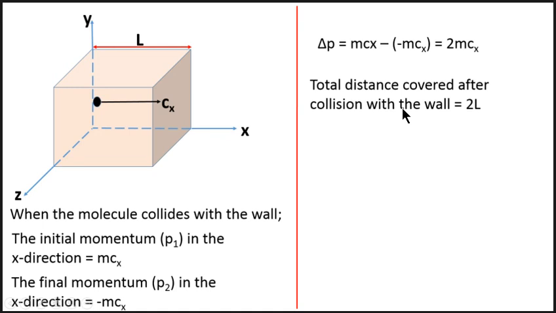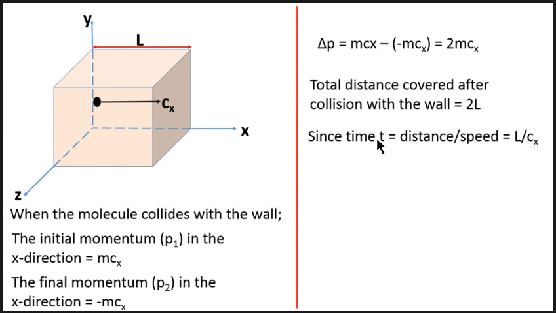So with this, I can easily figure out the time it takes the molecule to cover the total distance. The time it takes to move from here to the wall and from the wall back again to this place. To determine the time, knowing full well that speed equals distance over time, if I make time the subject of the formula, it becomes distance over speed.